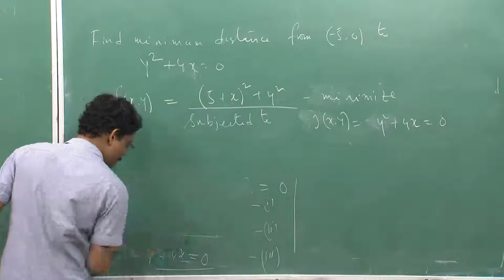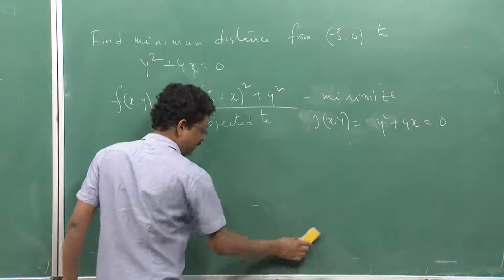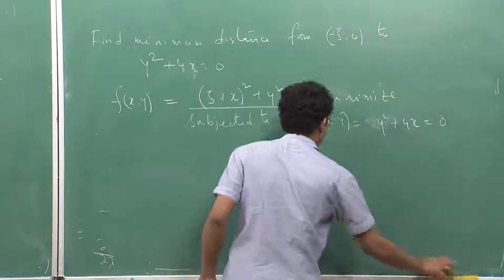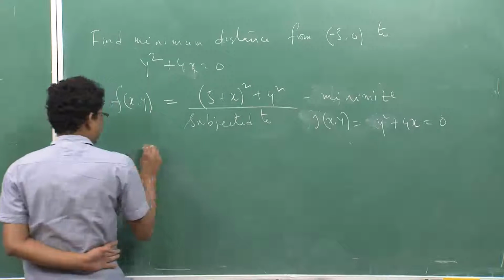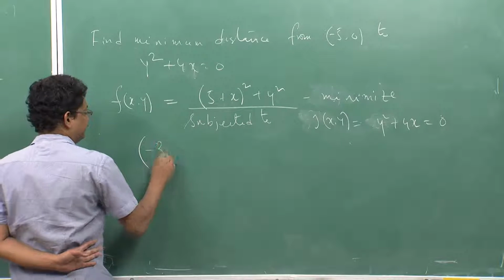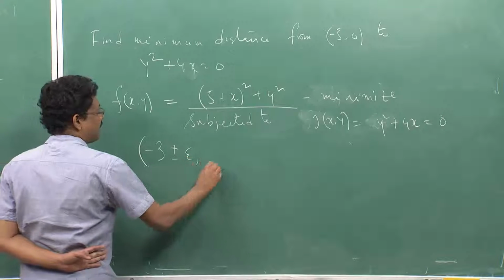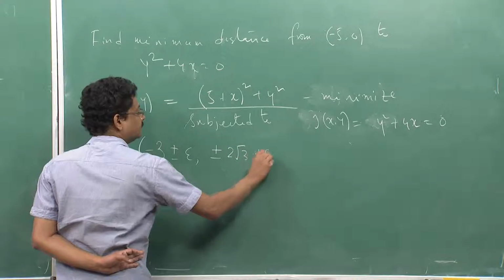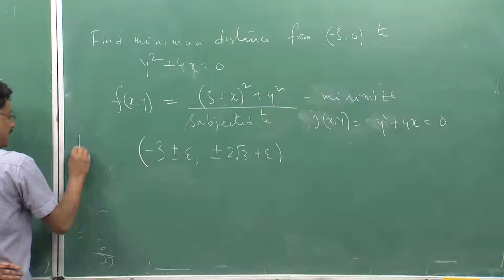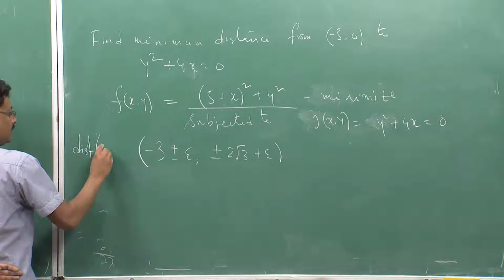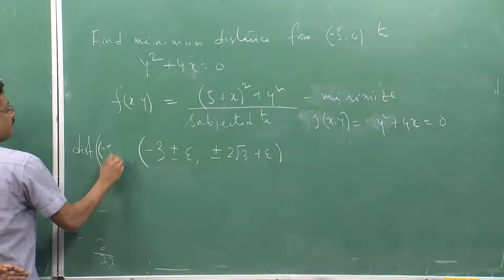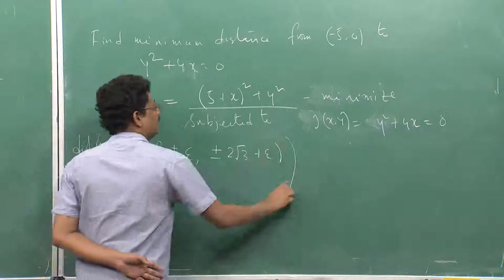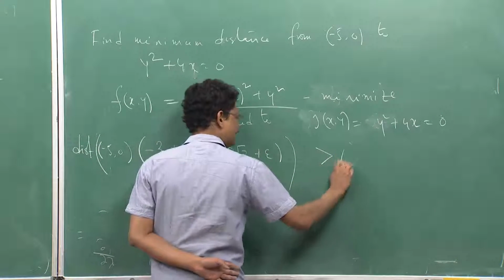So what you try to do here, while solving the problem you do not have to do it, but actually you can show that you move a little bit and calculate the distance from minus 5, 0 to this, and you show this is always greater than 4.